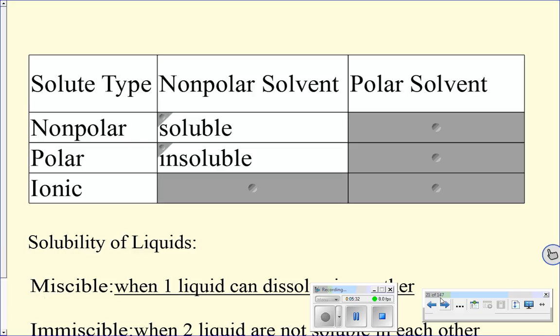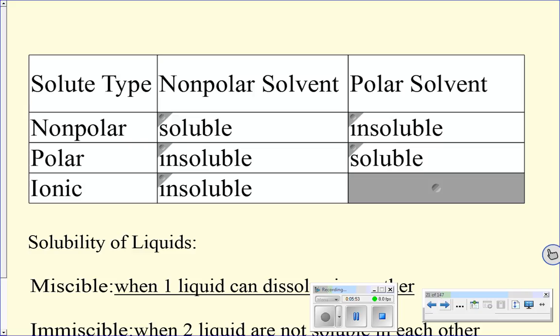Nonpolar solutes will dissolve in nonpolar solvents, but won't dissolve in polar solvents. Polar solutes will dissolve in polar solvents, but won't dissolve in nonpolar solvents. And ionic will only dissolve in polar.